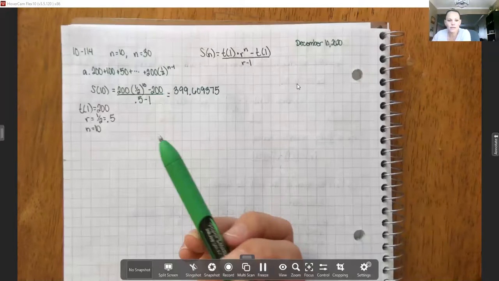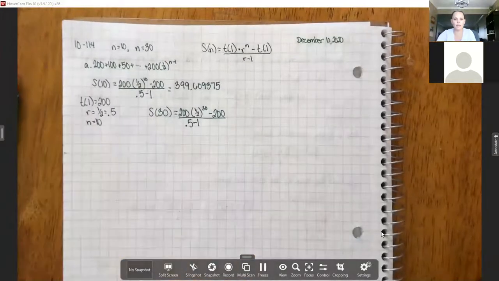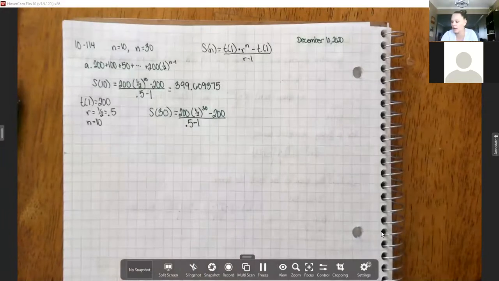So now for S of 30, we're going to do the same thing. The only thing different is, sorry, I guess my internet went out. So I'm not sure when it cut out. So again, I just typed this in. It's the same thing, except it's a 30 in the exponent.